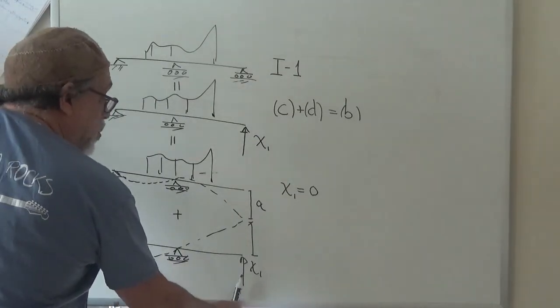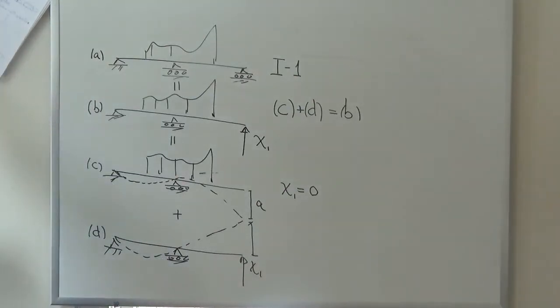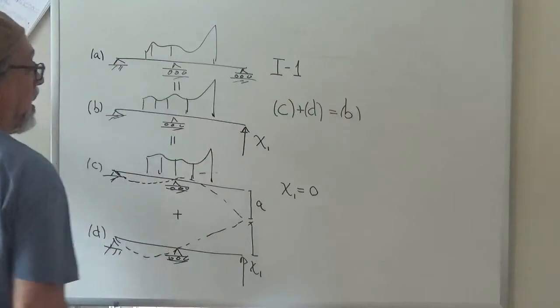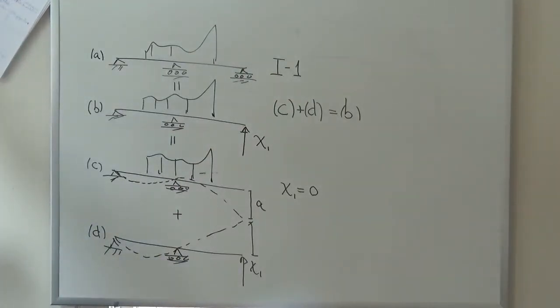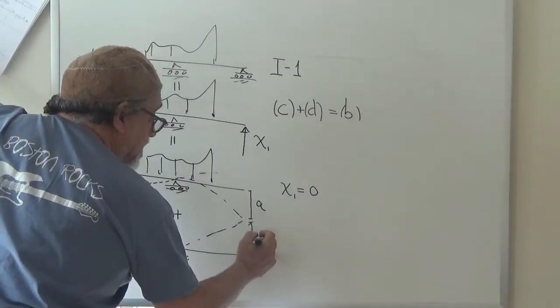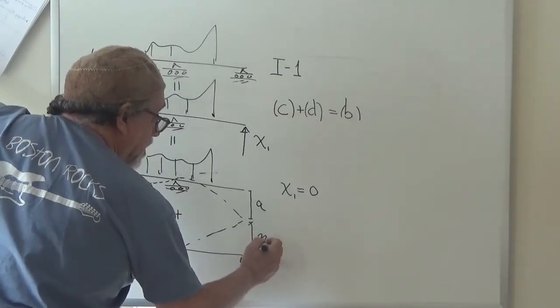There is a value of x1 for which this is A, right? And that value is going to cancel that A, so this plus this is the real thing. Correct? Now, this displacement here, let me call it n, right?